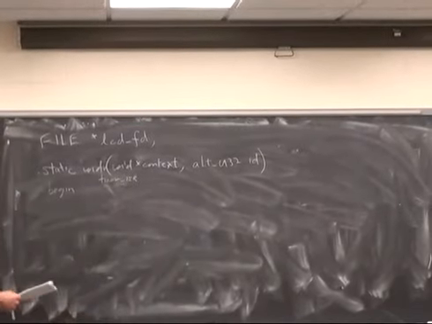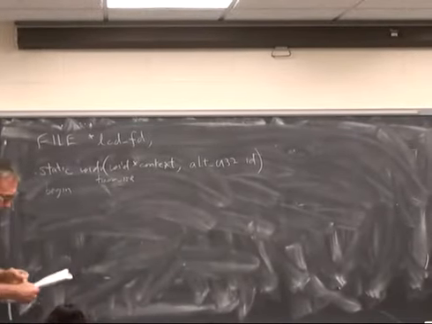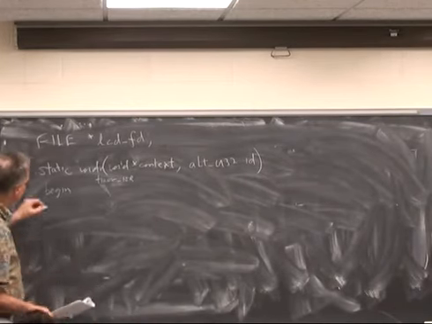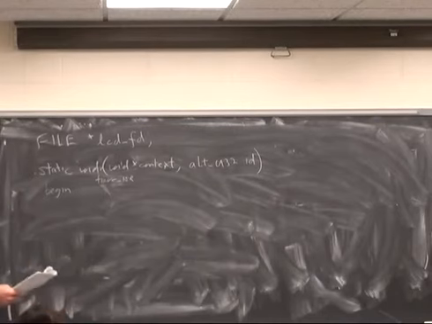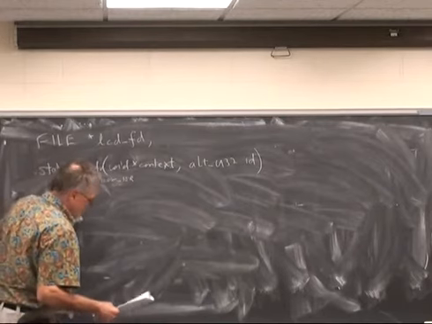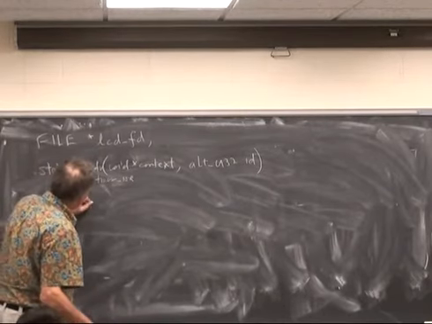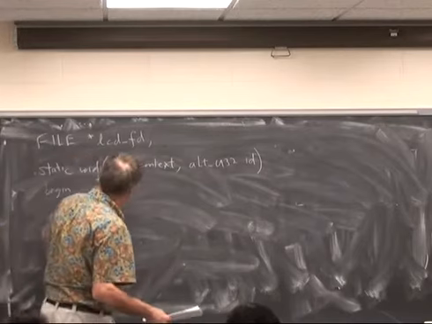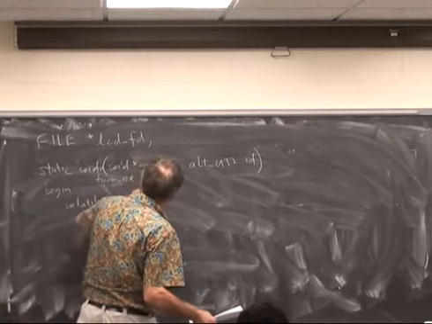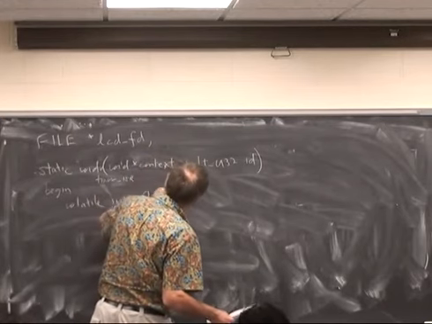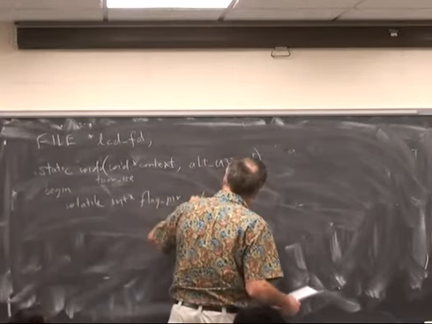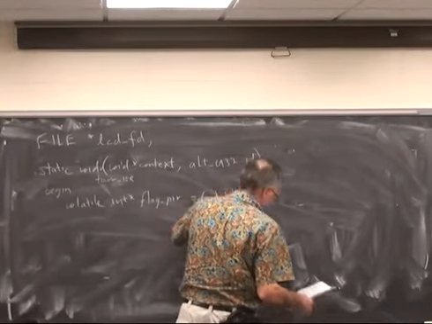I can use my nicely defined begin and end. And I'm going to define a volatile pointer to int, flag pointer, and we're going to make this equal to... and why did I do this?